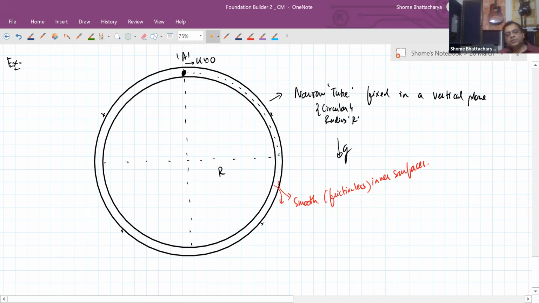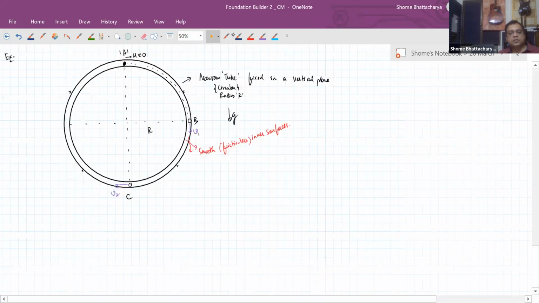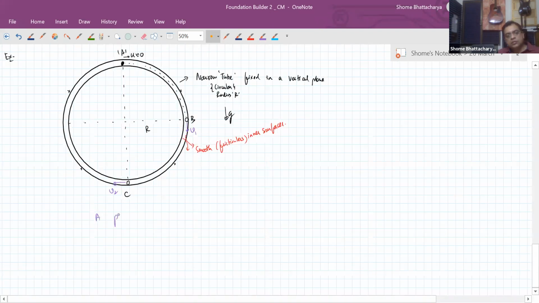So by the time it comes to this point B, and later it crosses this point C, so a particle of mass m which just fits the narrow tube starts from the point A with u almost equal to 0, u tending to 0.